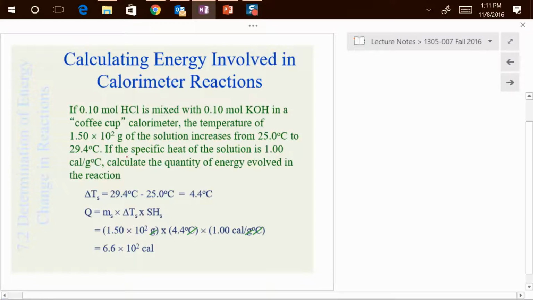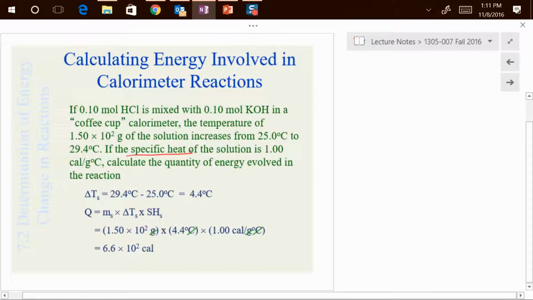Do you see how they told us what the specific heat was? They're going to tell you what it is. It's not something you're going to calculate. Well, I guess potentially you could calculate it. But it's something that's already been determined most of the time, and they'll give it to you either in a chart or in the question they'll say this is the specific heat.